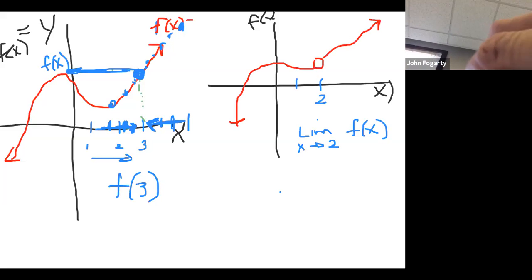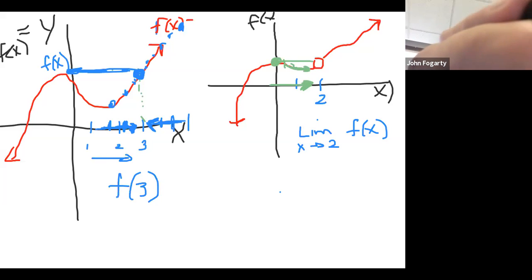Well, as I come from the left and approach 2, what number, if there is one, is my graph approaching? As I come from the left, whatever this value is right here, that's the value I'm approaching from the left.